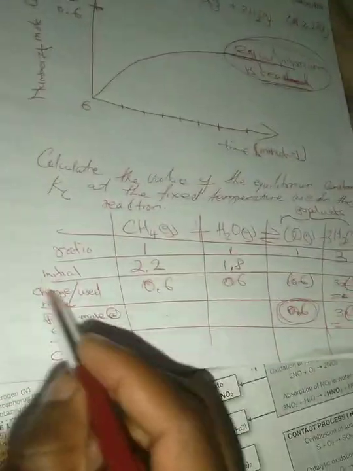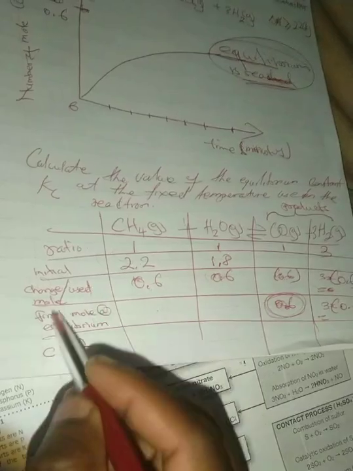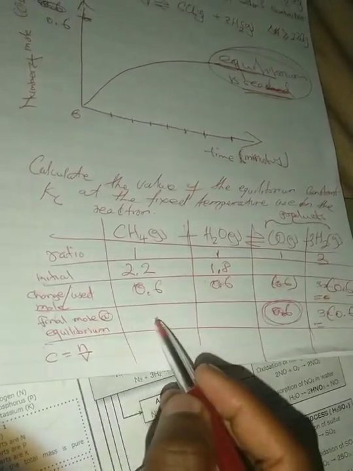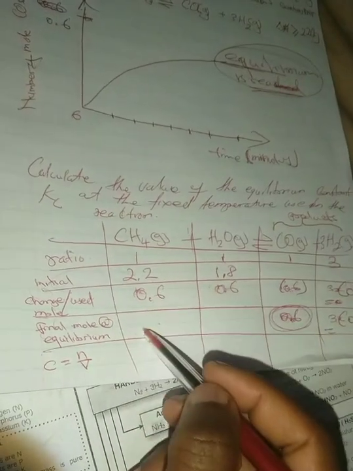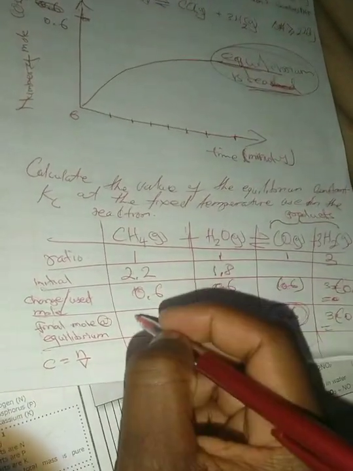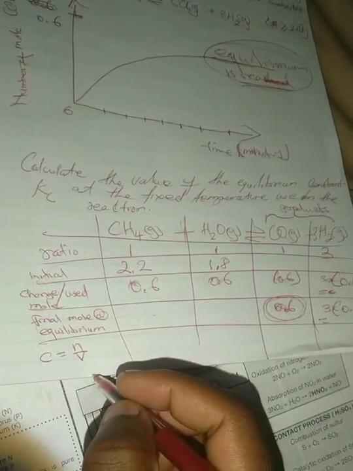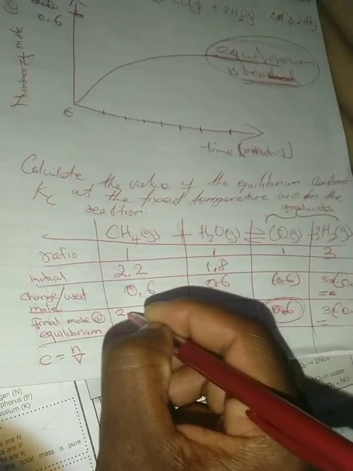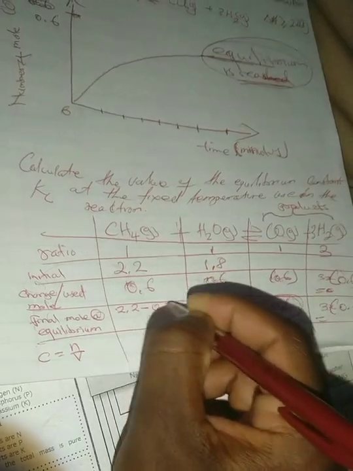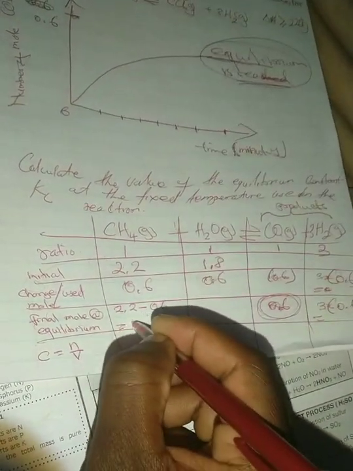If you add the change, or the used amount, and the final mole at equilibrium, they must give me the initial mole. So to find the final, I take initial minus change, so 2.2 minus 0.6.